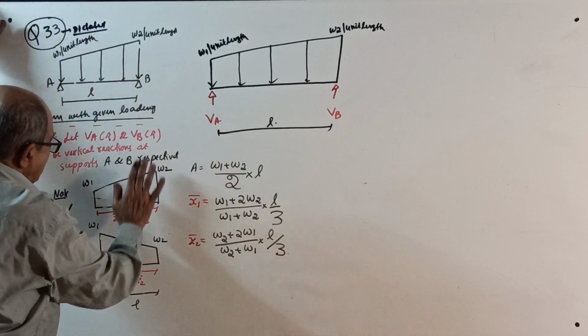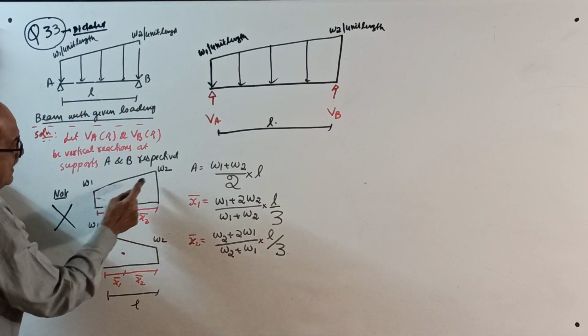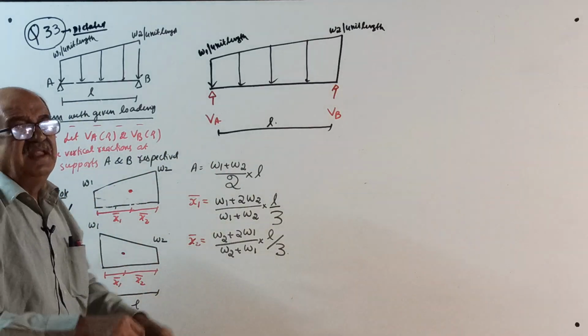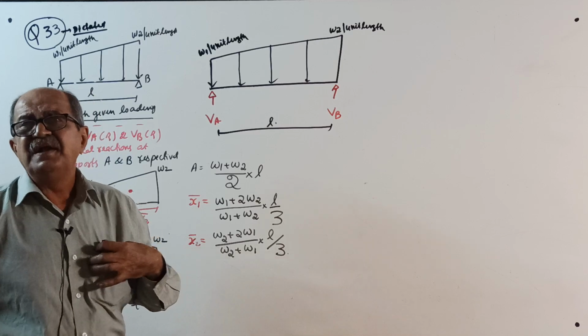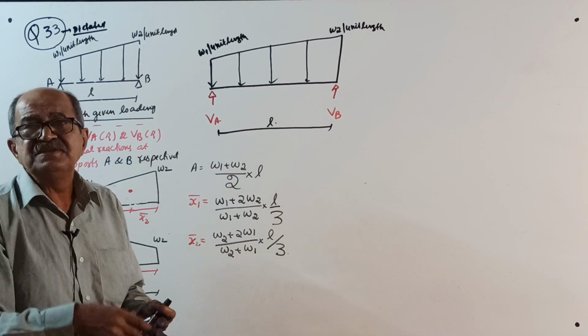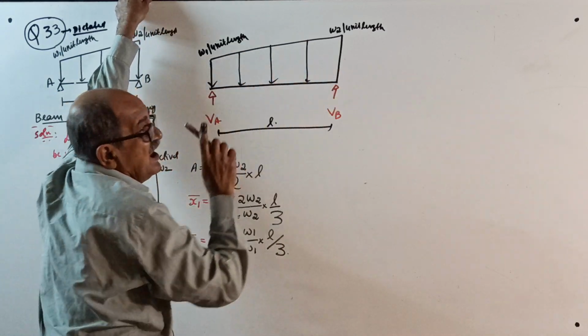Consider a trapezium with sides W1, W2. For the formula, it does not matter whether W1 is more or W2 is more. But it matters when you divide into rectangle and triangle.